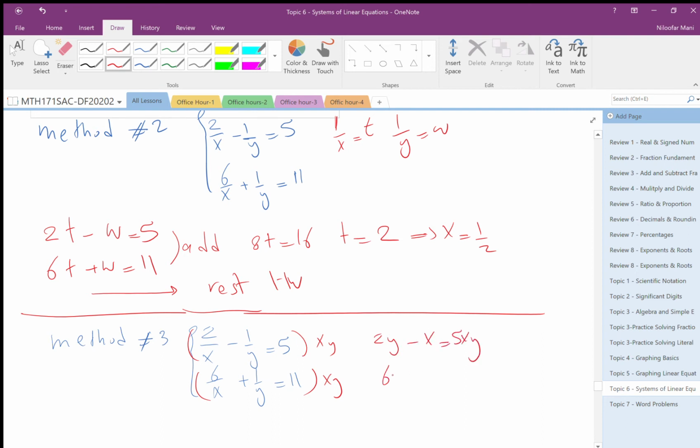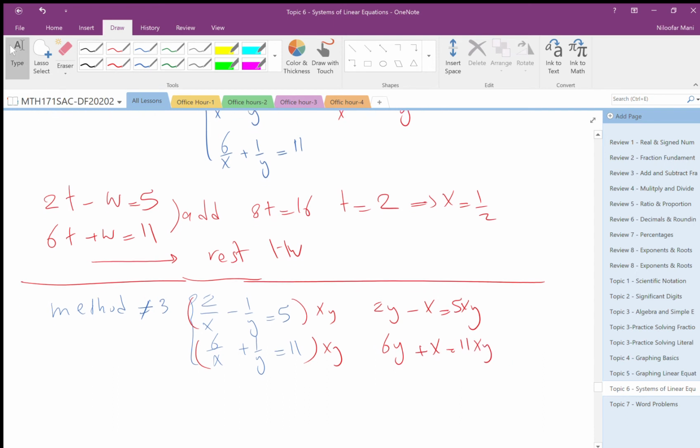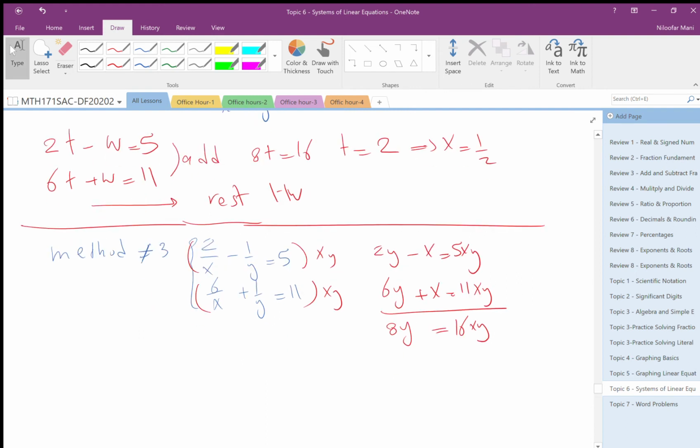I have 6y plus x equal 11xy. Okay, so now you say, oh my god, I have xy on the other side. Doesn't matter. I add both sides. Okay, so I add these two, and then I see, okay, I have 8y equals 16xy.